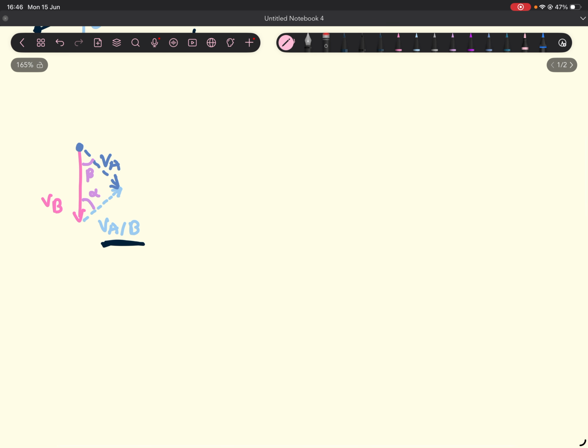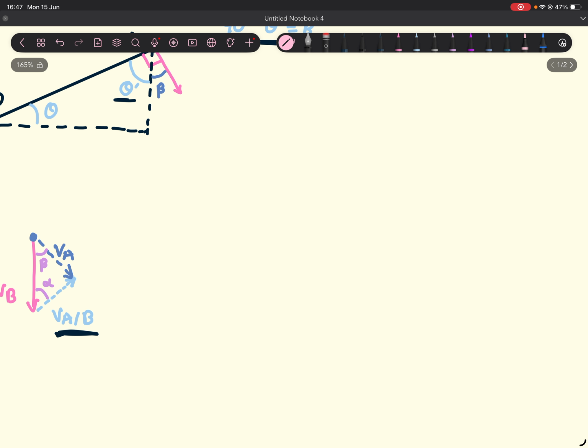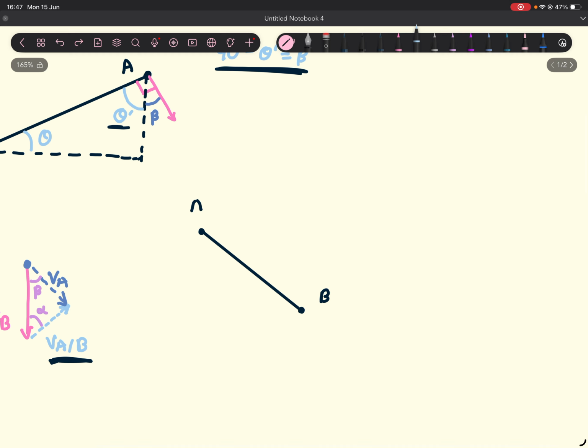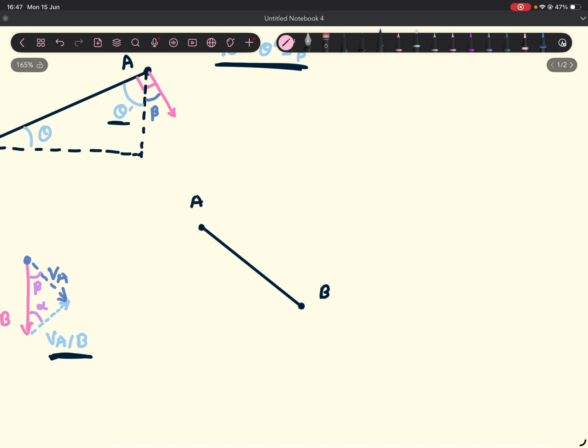So I'm going to go and draw that link, link AB. So I have point B there, point A over here, and I know that A relative to B is going to be perpendicular to that, and I'm just going to draw it here.